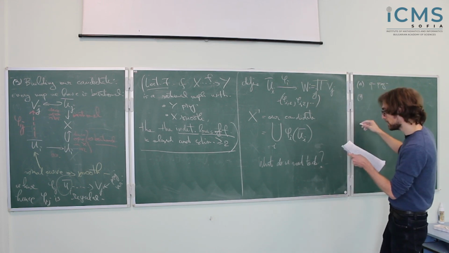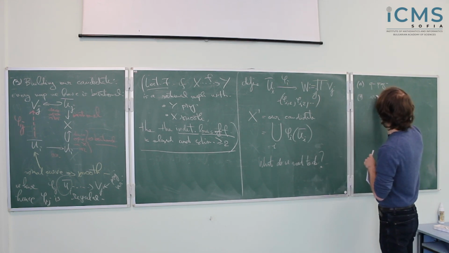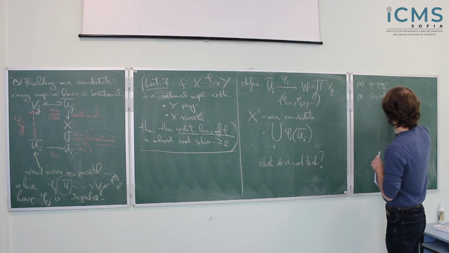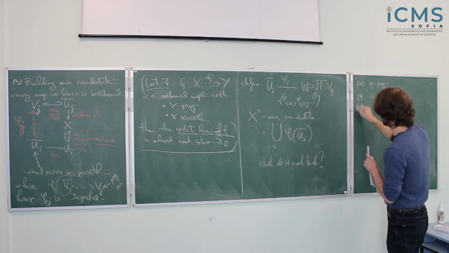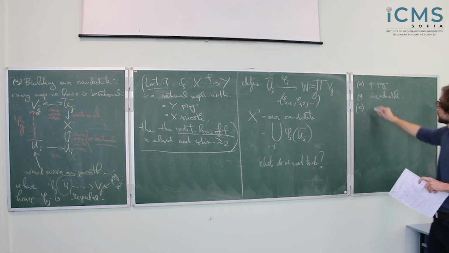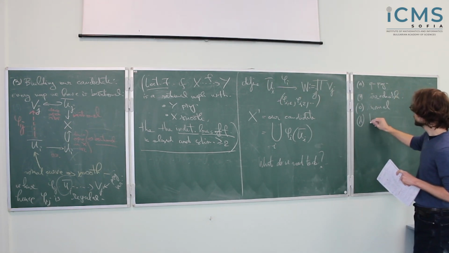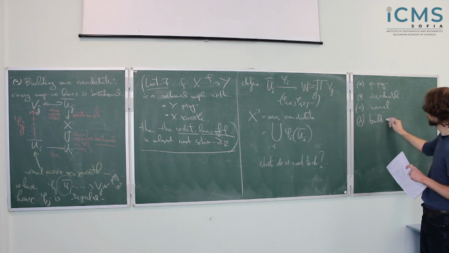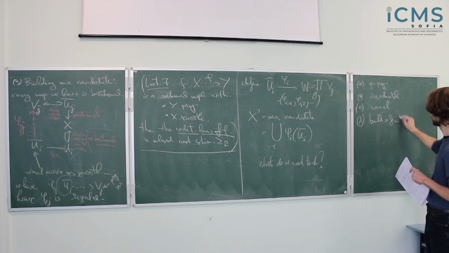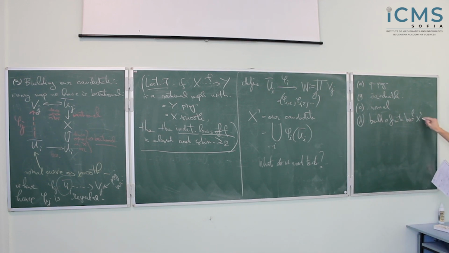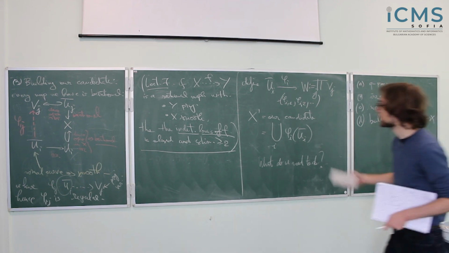Second, we need to show that it is irreducible. Then C, we need to show that it is normal. And D, we need to build a finite birational morphism from X prime to X. So these are the four main steps that we need to show, or at least work with.